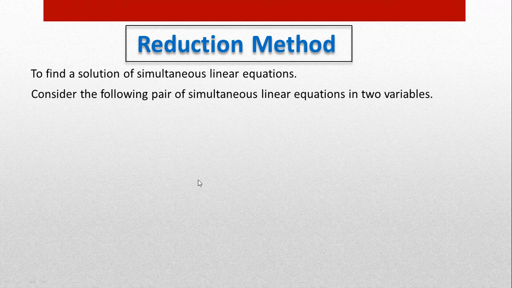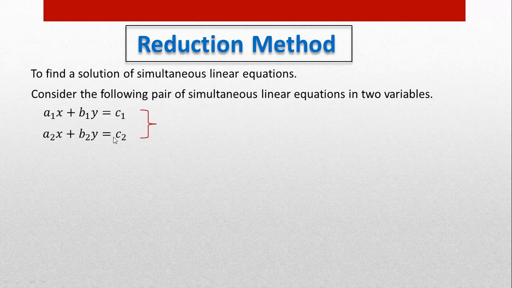First equation, a1x plus b1y is equal to c1. Here a1, b1, c1 are constants and x, y are variables. There are two variables, so we require another equation, that is a2x plus b2y is equal to c2. Say these are equation number 1.